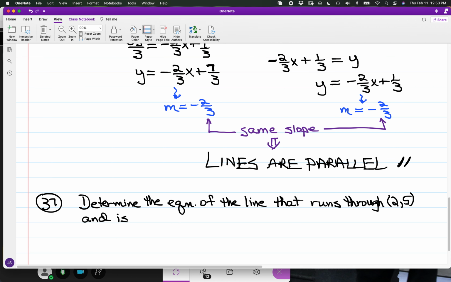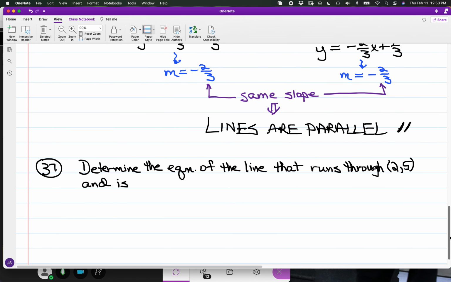In part A, the line is going to be parallel to the line represented by 2x plus y is equal to 6.